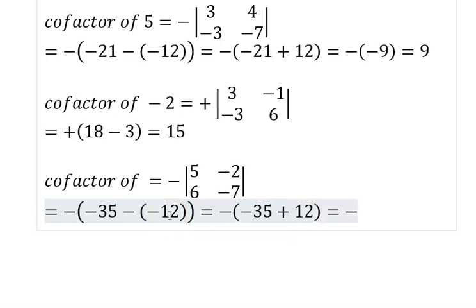Beautiful. So let's quickly solve what we have here. Minus 35 plus 12 will give us what? Minus 23. Minus times minus 23 will give us plus, so we are left with 23. Beautiful. Move to the next one.